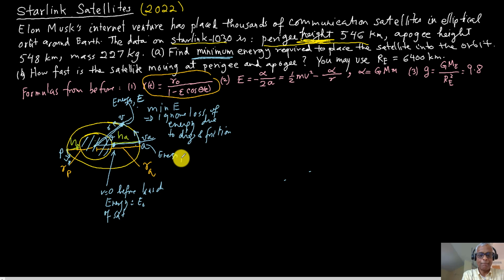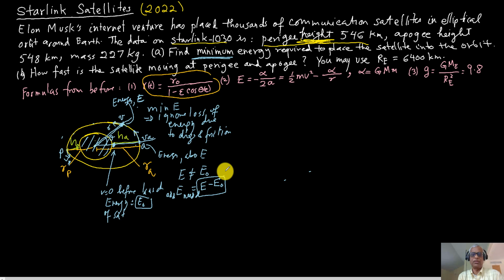Energy is also E wherever it is, but it's not equal to E0. This E is not equal to E0, and that's the difference that I have to provide. So the additional energy needed is equal to E minus E0. We need to figure that out. That's what part A is.